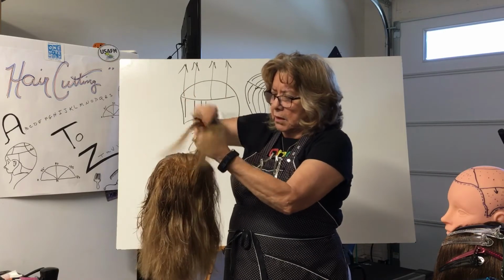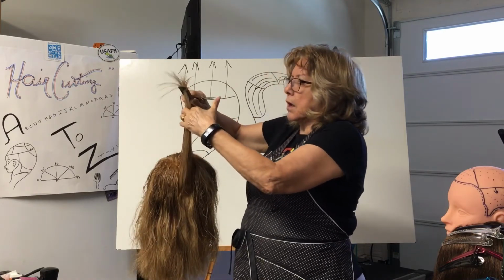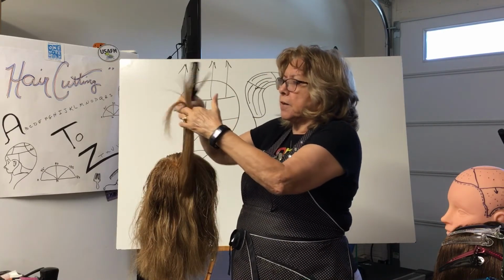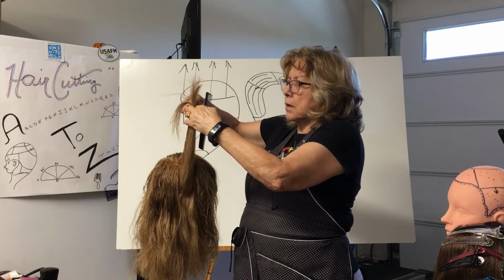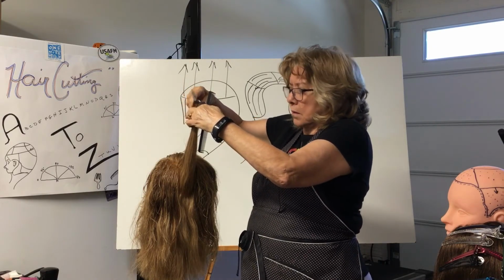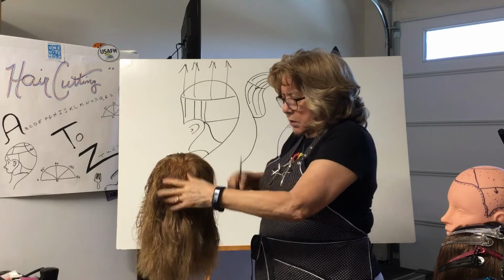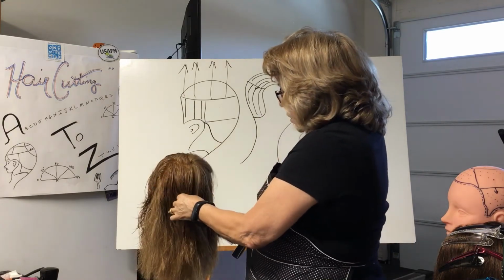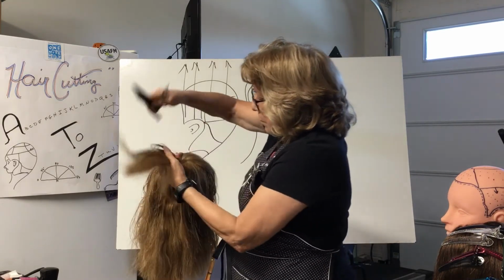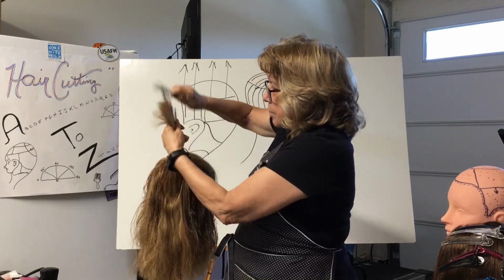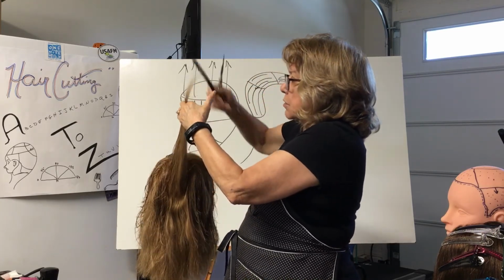Okay. Again, see my guide? And so my hair is a little bit dry, and I'm going to come to the center now, match it up. See, there's not that much to cut.